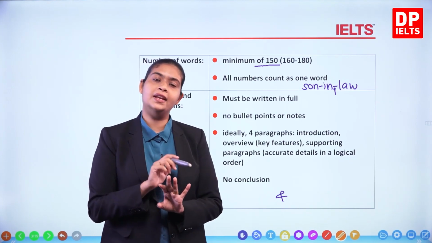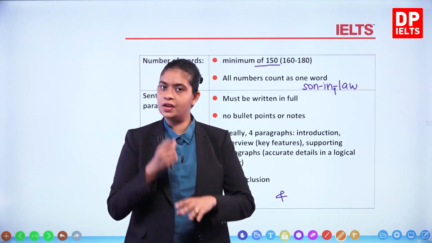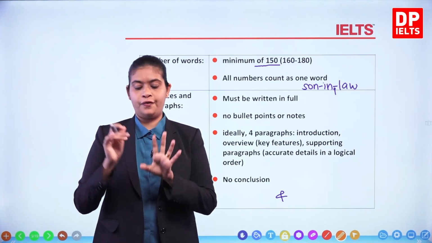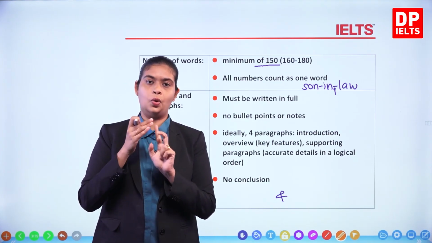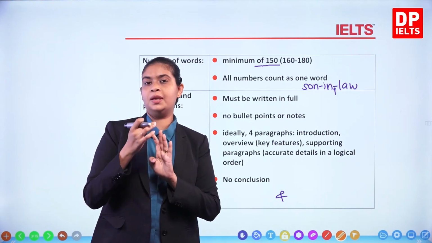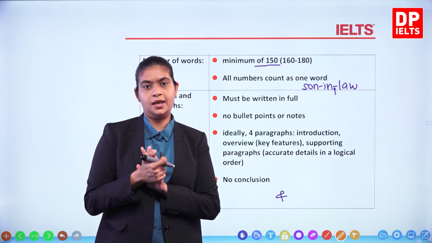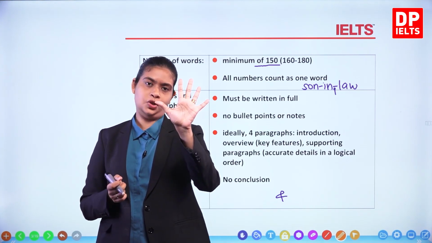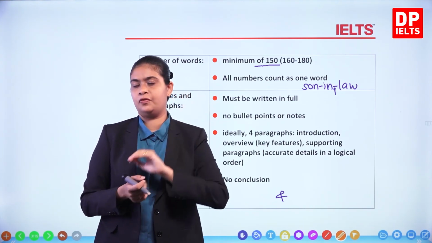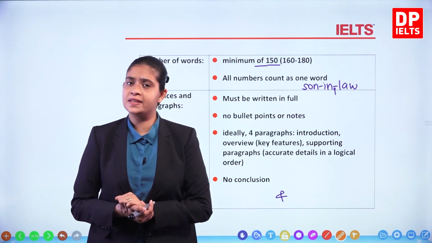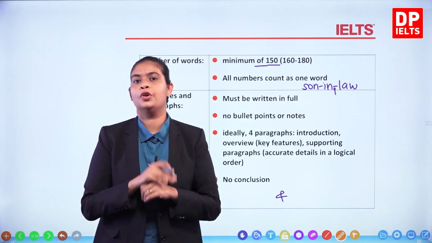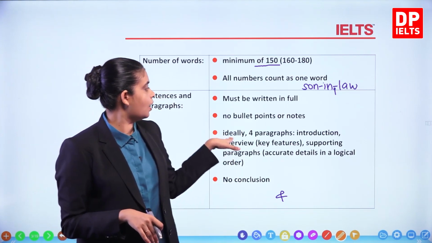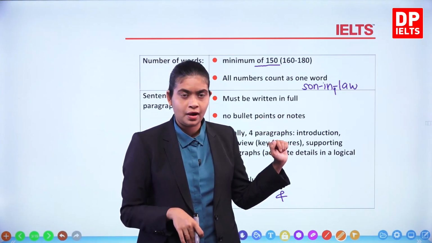Can I have anything less than 4 paras? No. You could have an intro, overall, and 3 body paras, okay? So the maximum is 5 paras in total. 4 to 5 possible. Can I have 6 paras? No, you can't, okay? So ideally, you have 4 paragraphs.